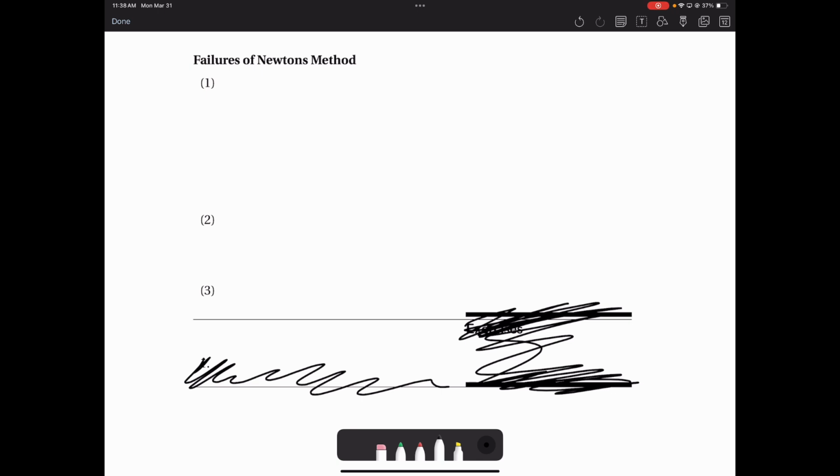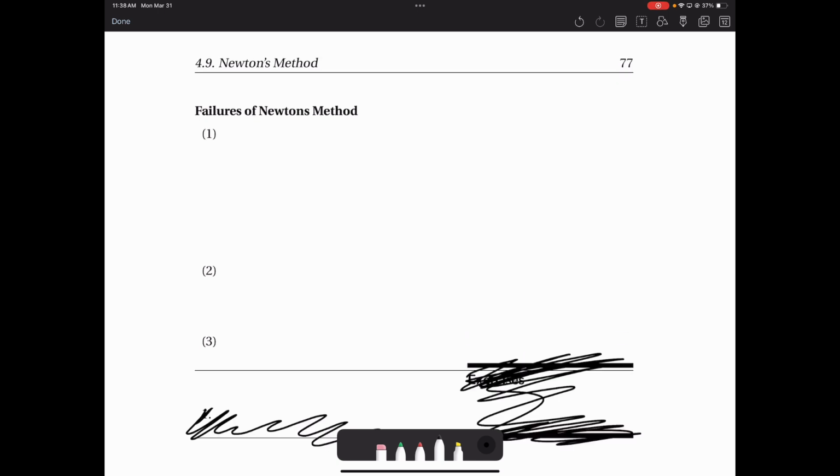Okay. So first off, remember my Newton's method formula. Let me just put it up here to reference. If I want my next guess, I do my previous guess minus the function value at my guess over the derivative at my previous guess.